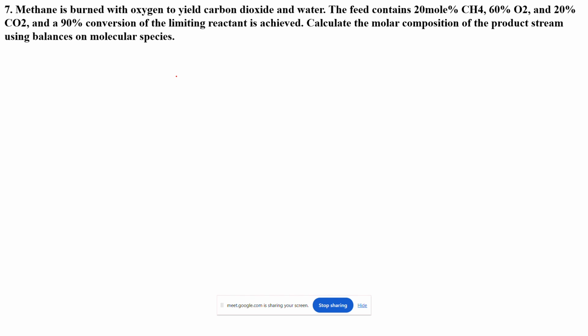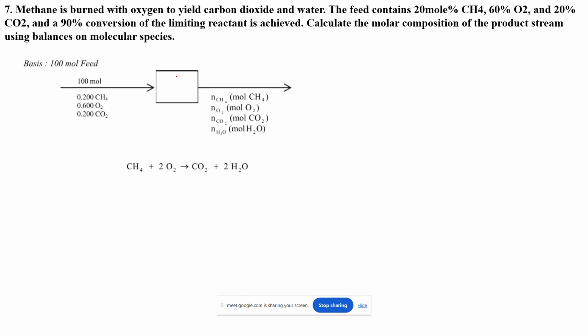So we will go with the mass balancing process. According to the problem, first we will create the input and output process. If we are feeding 100 moles of gas into a furnace or whatever reactor we are talking about, it contains 20% CH4, 60% oxygen, and 20% CO2.